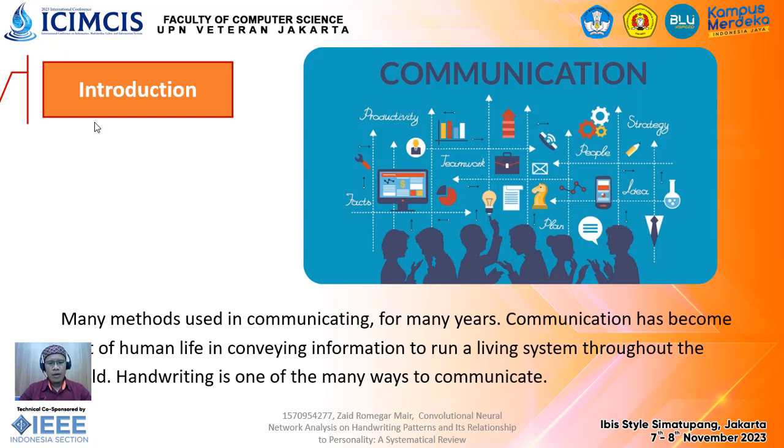There are many kinds of methodology for human beings in this world to communicate. Communication has become part of human life in conveying information to run the living system throughout the world. Handwriting is one of the many ways to communicate.